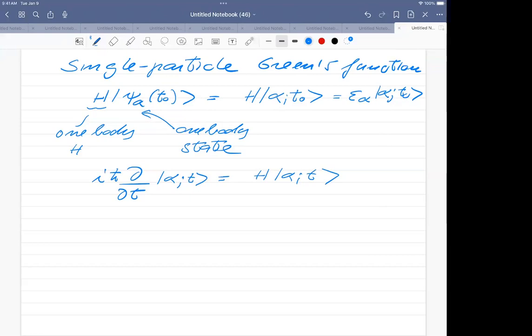Now I can define the full wave function, which also includes the spatial degrees of freedom. And we have seen earlier that ψ_α(r,t), like this, is given by this overlap of ⟨r| and then |α(t)⟩.